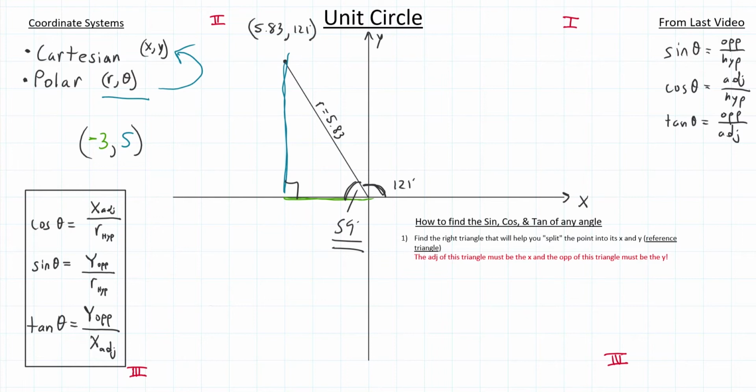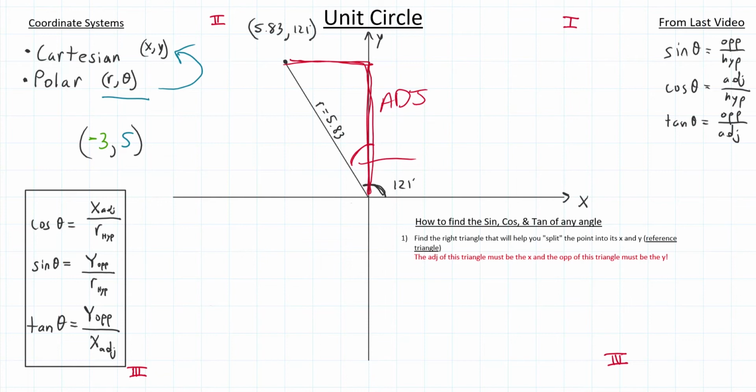And you also want to be careful. Some people look at the situation and think, okay, here's my reference triangle right here, with this being my angle of focus. Well, we got to be careful here. The adjacent of this angle of focus is the y, and the opposite is the x. Remember, that's not what we're going for here.